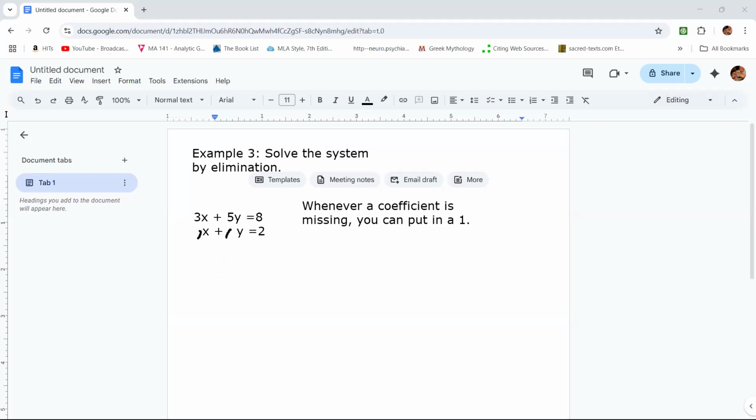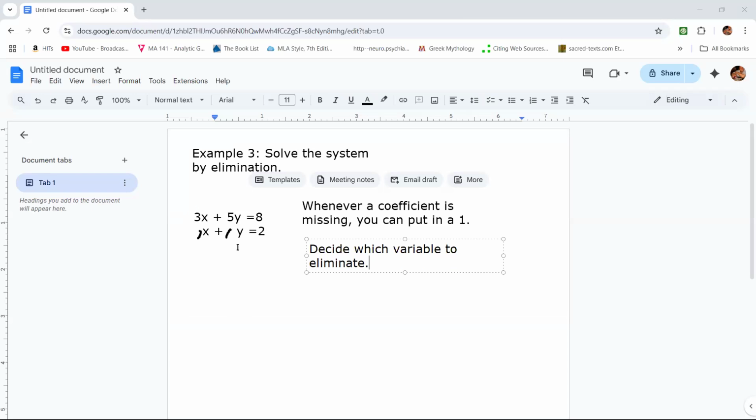remember we learned from before that we can eliminate whatever we need to. So we're going to decide which variable to eliminate. Decide that. Tenemos que decidir cuál letra que tienes que eliminar.